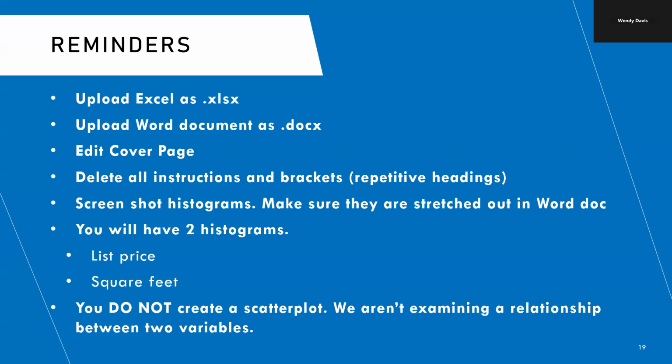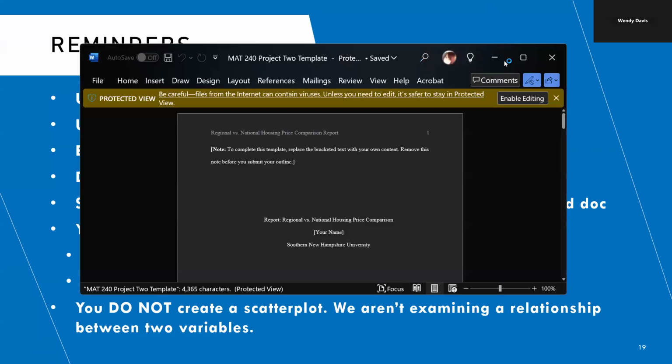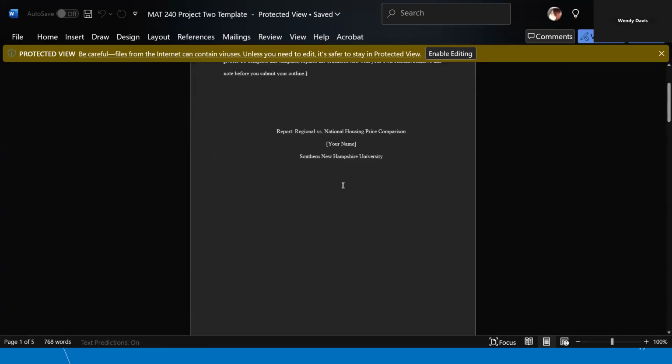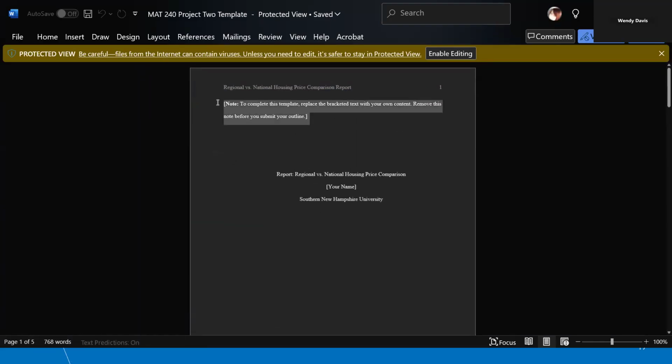If you notice in the project 2 template, remember, delete this.